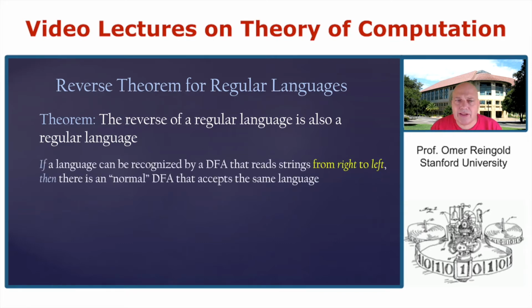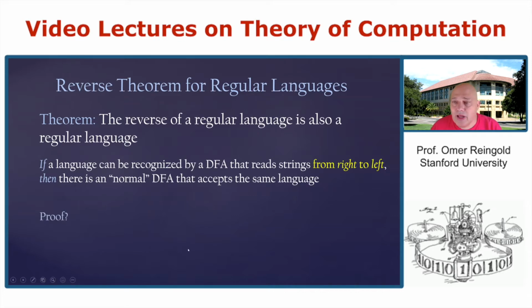So a different way of saying it is that if a language can be recognized by a DFA that reads strings in the opposite direction from right to left, then there is also a normal DFA that accepts the same language, meaning that it accepts strings from left to right.